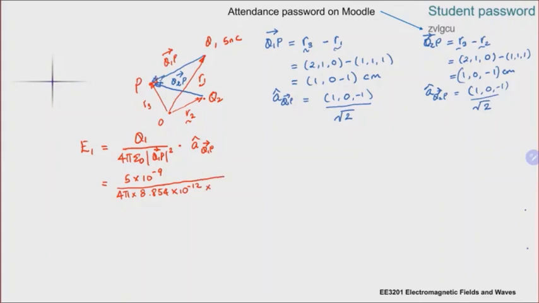And Q1P is root 2 centimeter, so that is root 2 times 10 to the minus 2, squared. Then our unit vector is (1, 0, -1) over root 2.